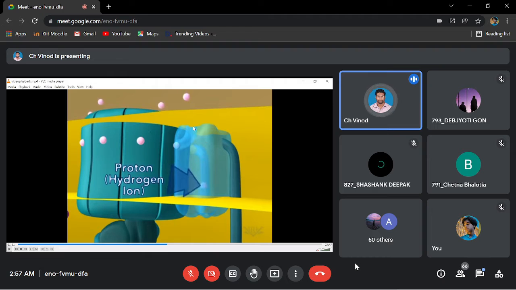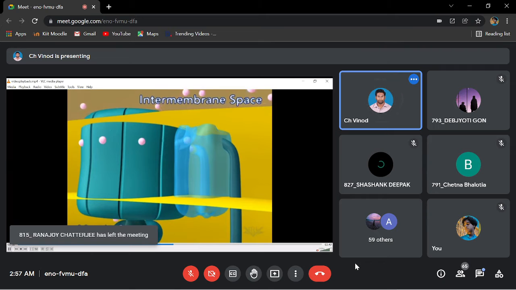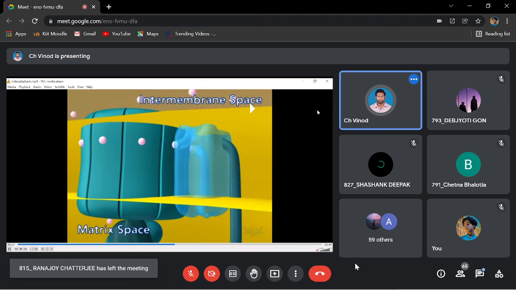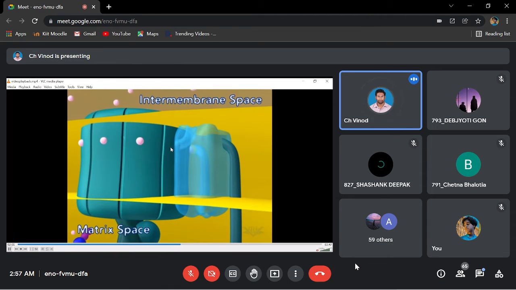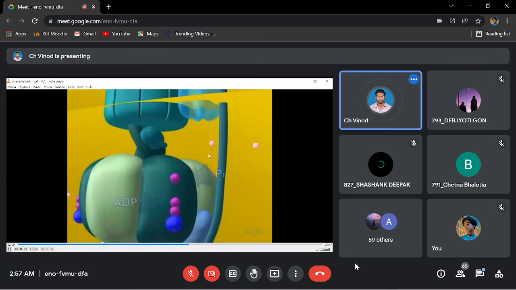So there is a reduction followed by a simultaneous oxidation happening in the entire complex. This makes the rotor move. Again, we have a reduction. We have one proton entering from this and one proton exiting from here. This way, the forward and the backward proteins always change their conformation.